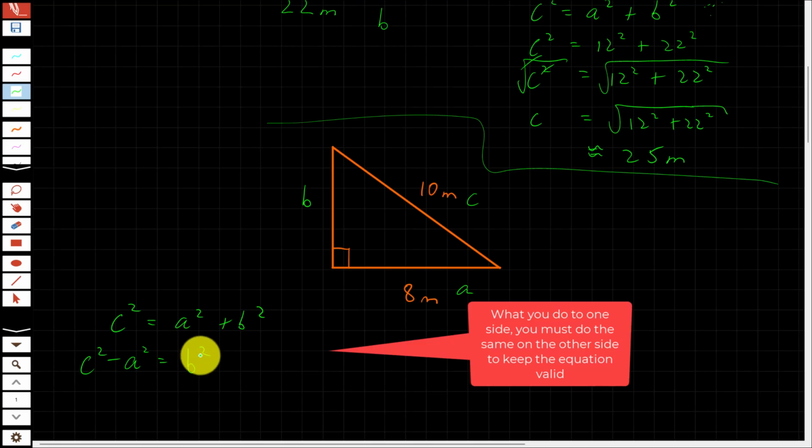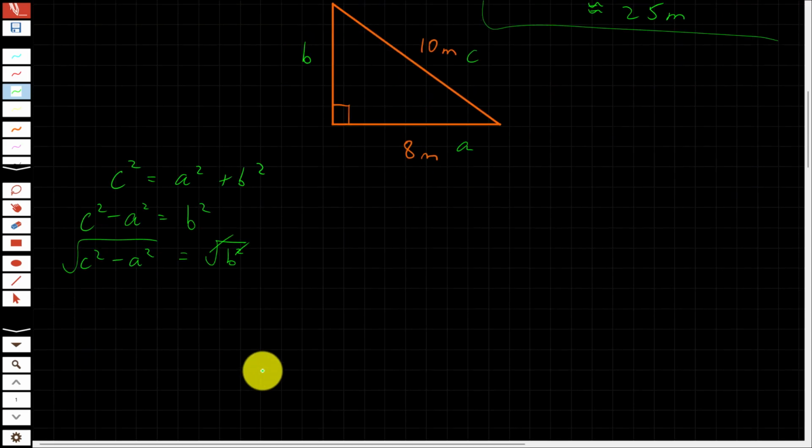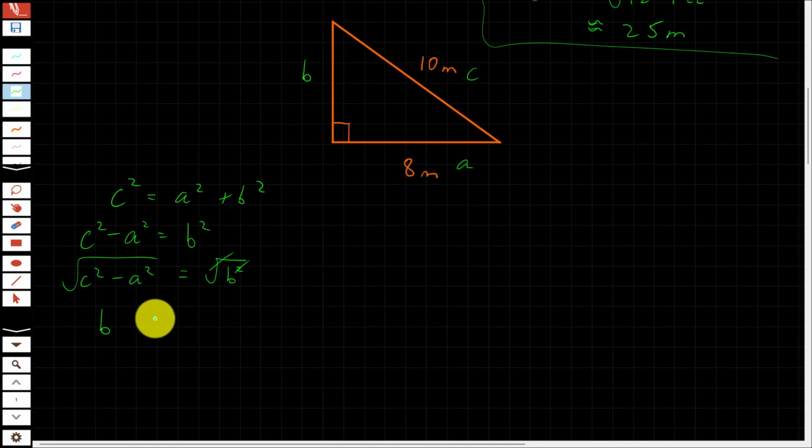We need to get rid of that square, so we'll take the square root on the left hand side and the right hand side. So the square root of C squared take A squared equals the square root of B squared. So B equals the square root of C squared take A squared.